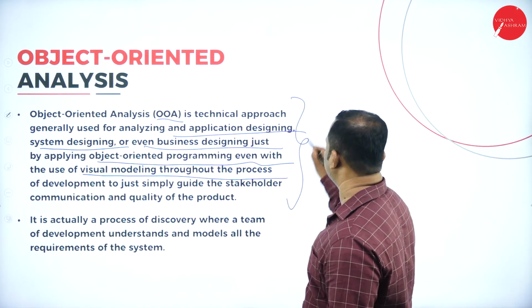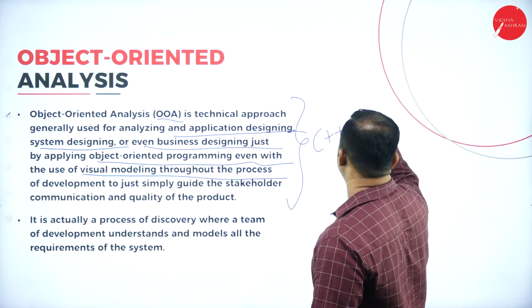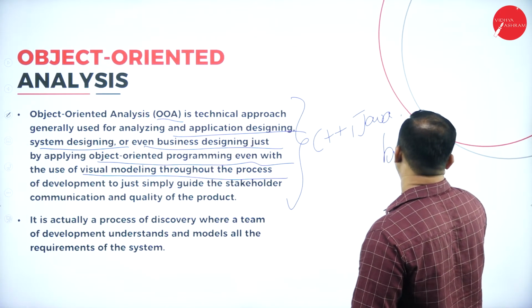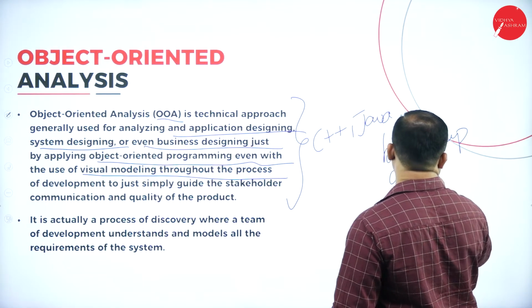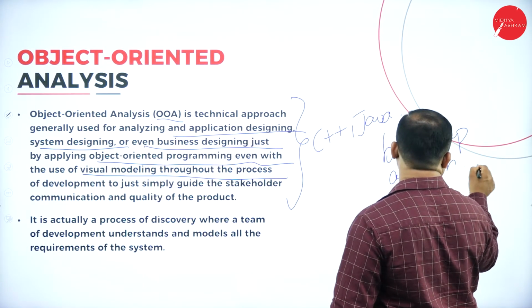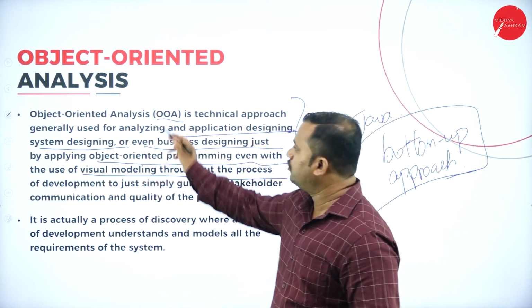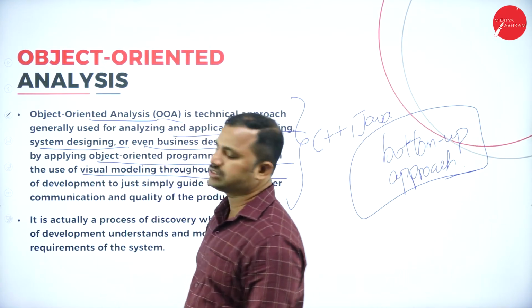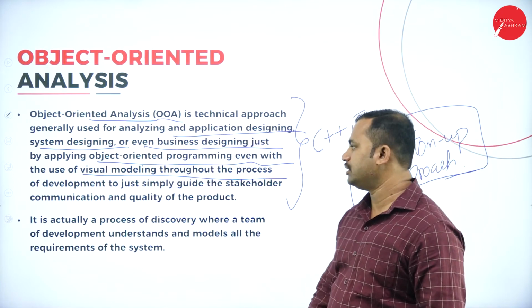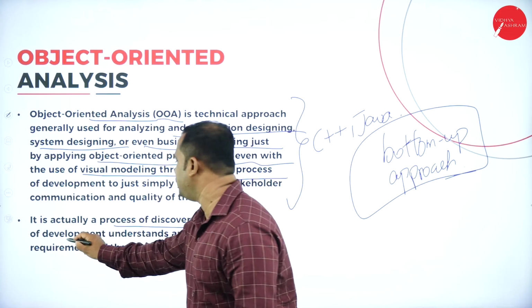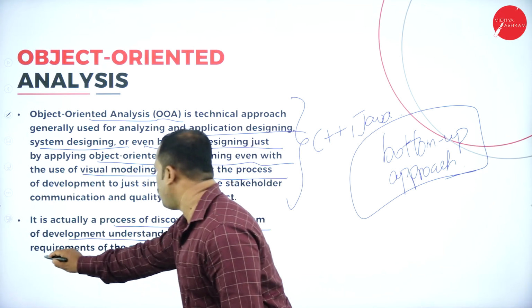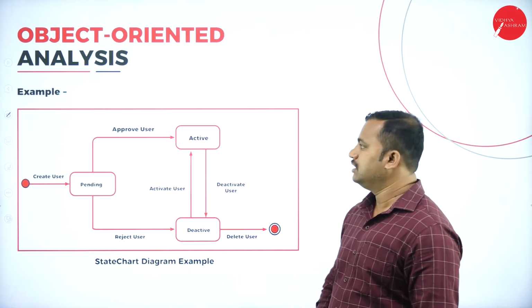The object-oriented approach, that is C++ and Java oriented, uses a bottom-up approach to find out the analysis of the problem definition. It is the process of discovery where a development team understands and models all the requirements of the system. That is the meaning of that.